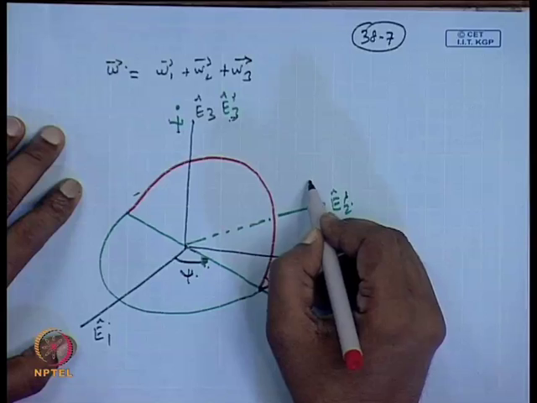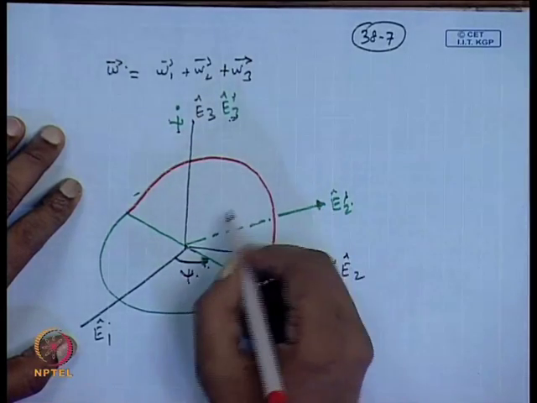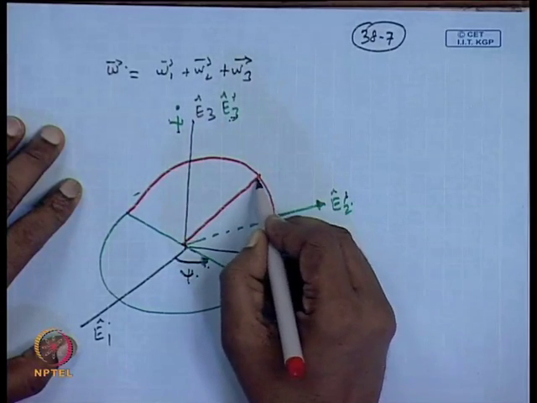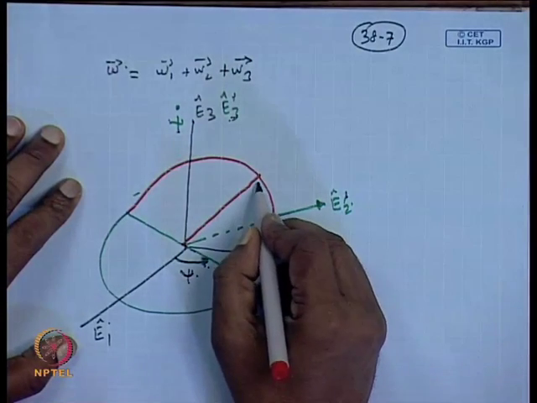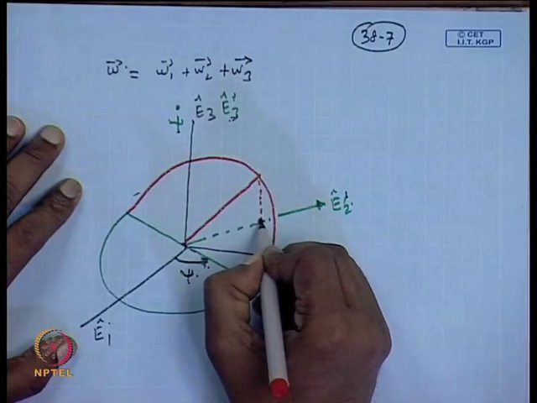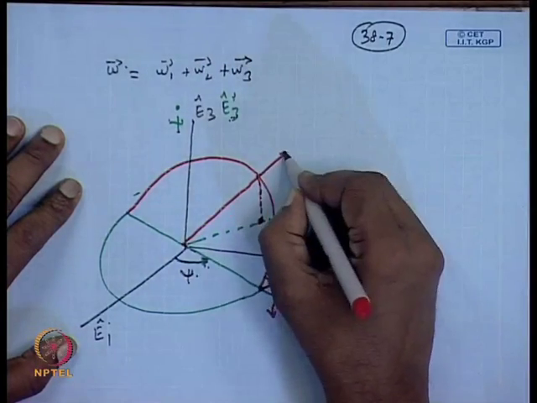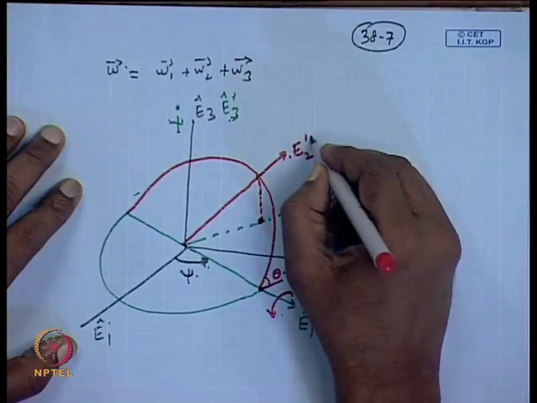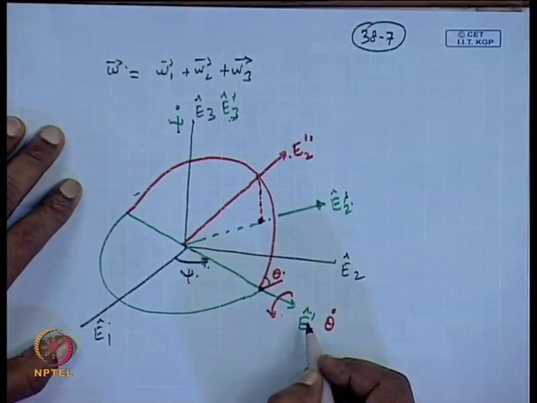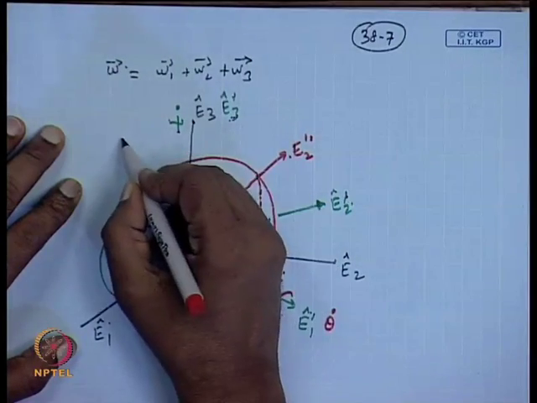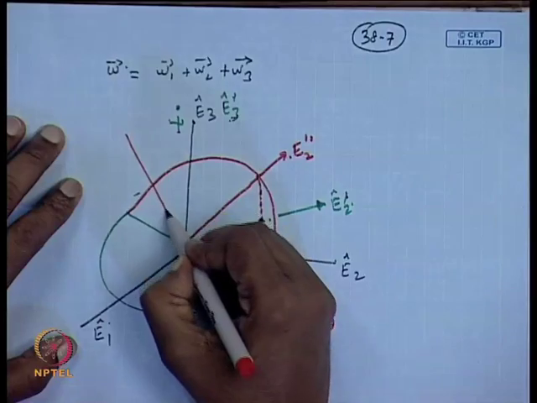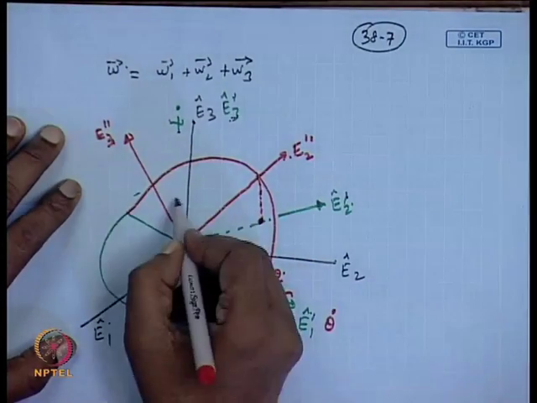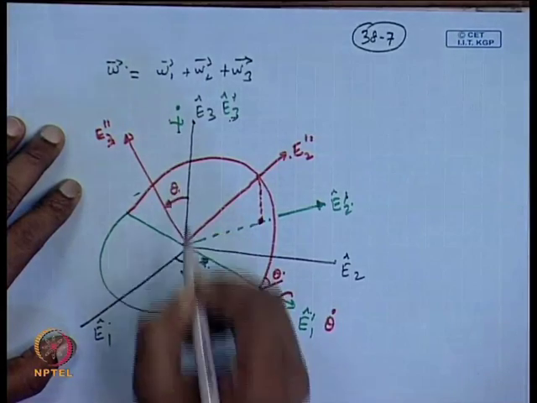So any line which was lying here, any point, will move up and come here in this direction, and in this direction you will show this as E 2 double prime, and similarly this point will move away from here and this will be your E 3 double prime, and this is also the angle theta here.